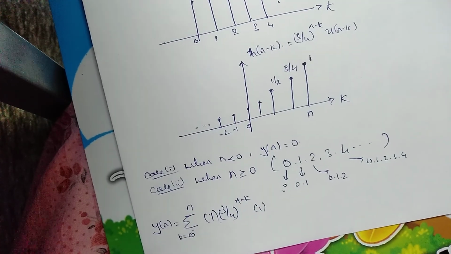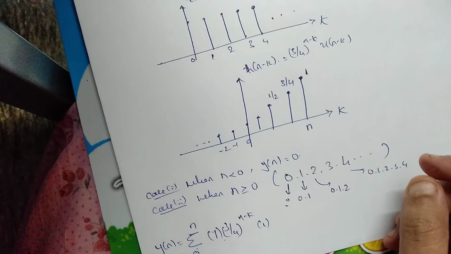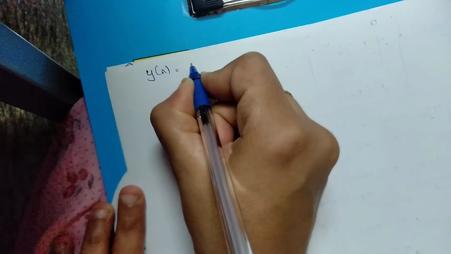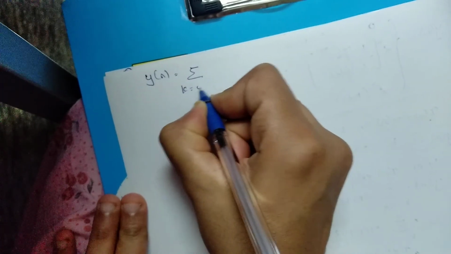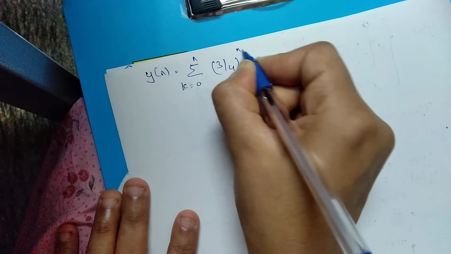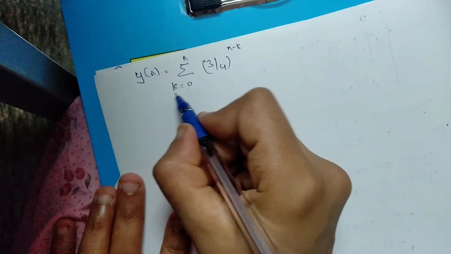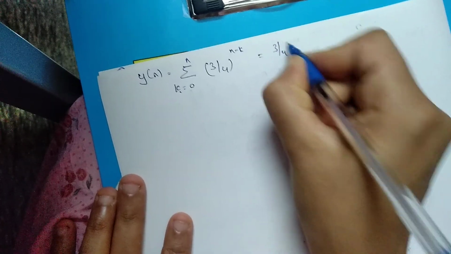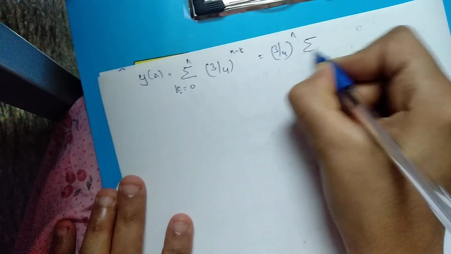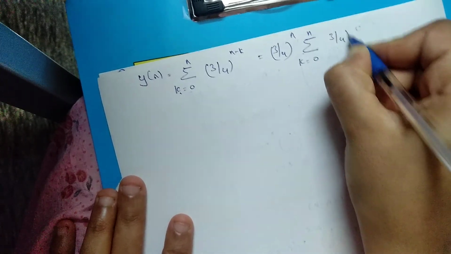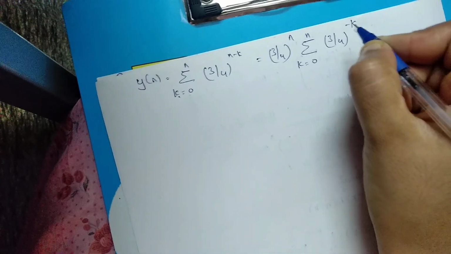If we simplify this, y of n will be the summation k equal to 0 to n of 3 by 4 to the power of n minus k. The summation is for k, so I'm taking n outside. So 3 by 4 to the power of n, the summation k equal to 0 to n of 3 by 4 to the power of minus k.